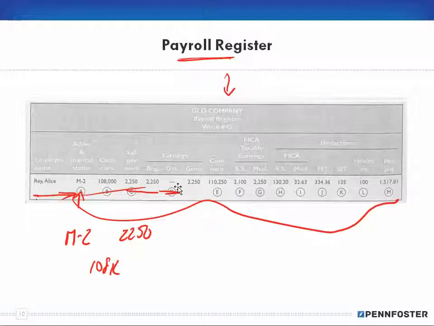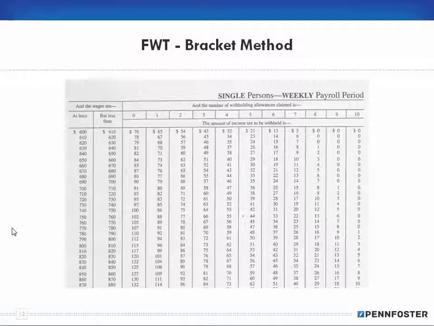Or they can do a payroll register like this and do it individually for each and every single pay period. There's no right or wrong way with it. It's just record keeping that the payroll clerk does in order to be able to calculate your paycheck. Okay. So with that said, I'm done with that.